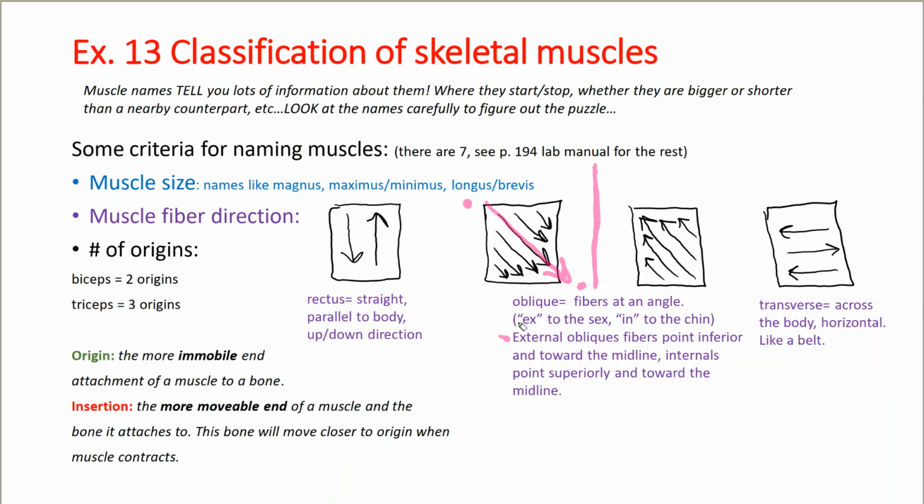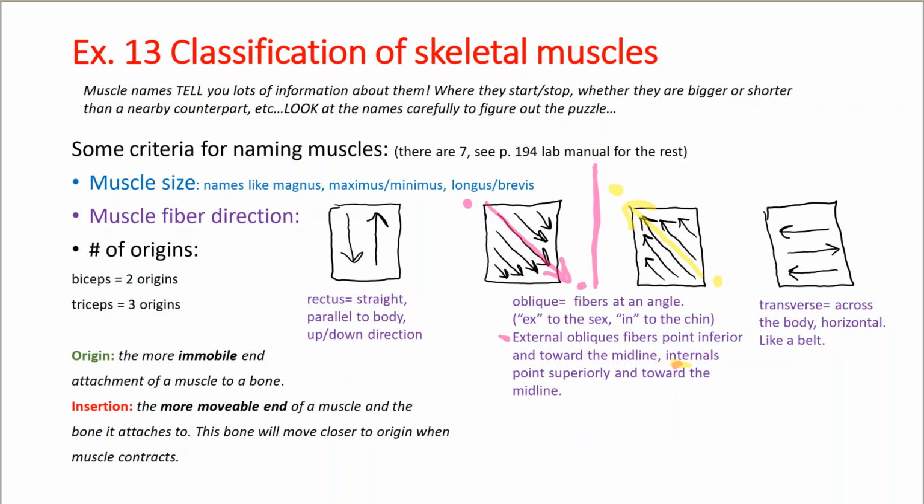So X to the sex, meaning external fibers point down toward the sex organs. Internal obliques, I'll pick another color actually. Internal obliques start laterally inferiorly, and they go towards the midline and end up towards the midline superiorly.